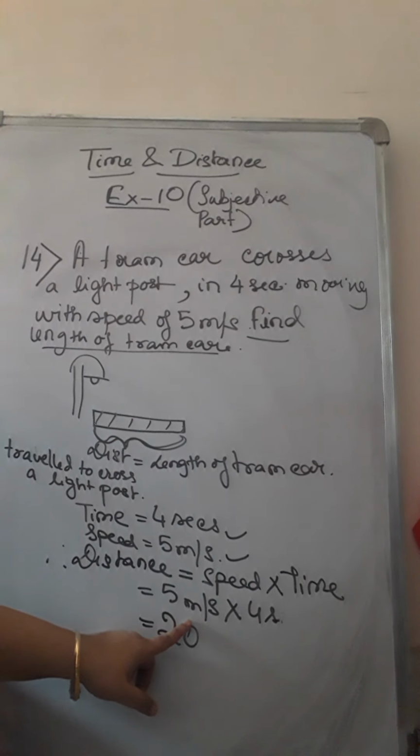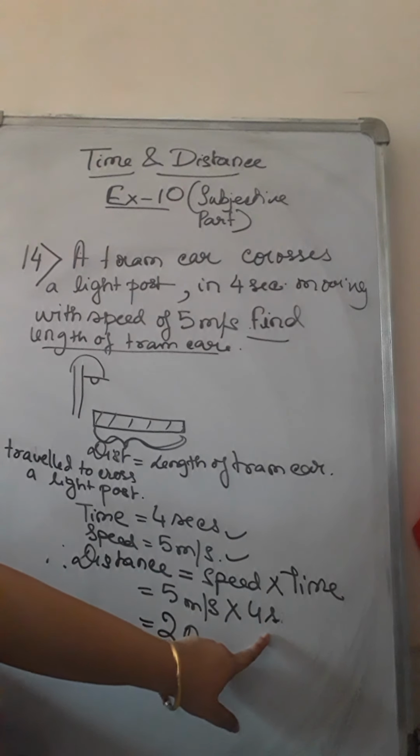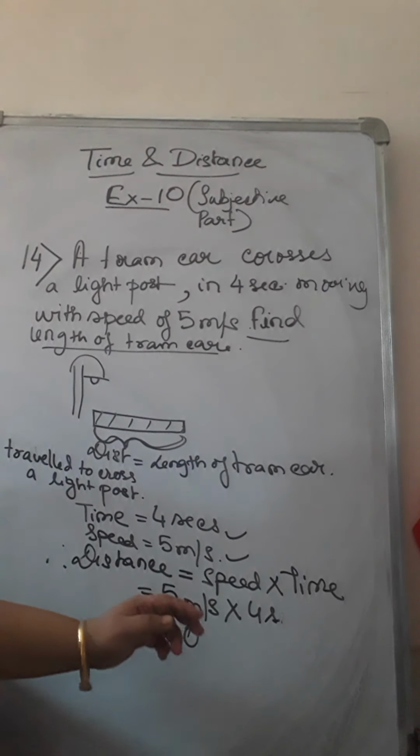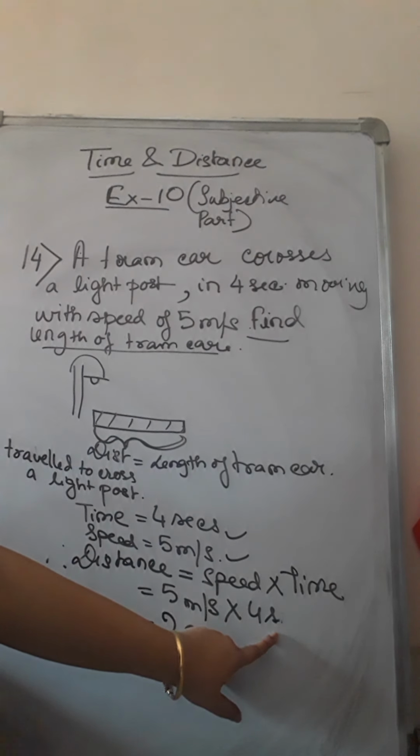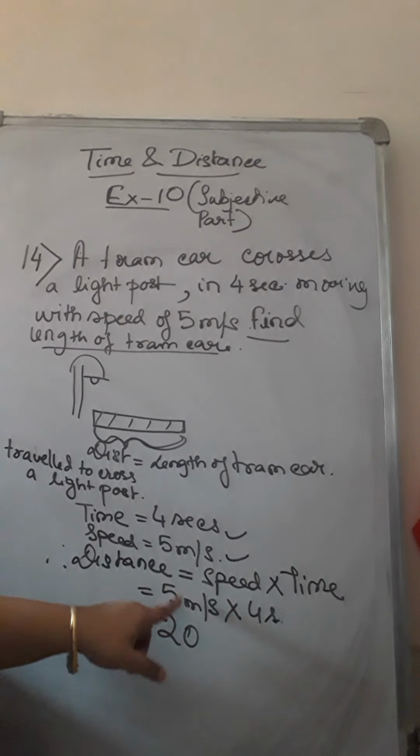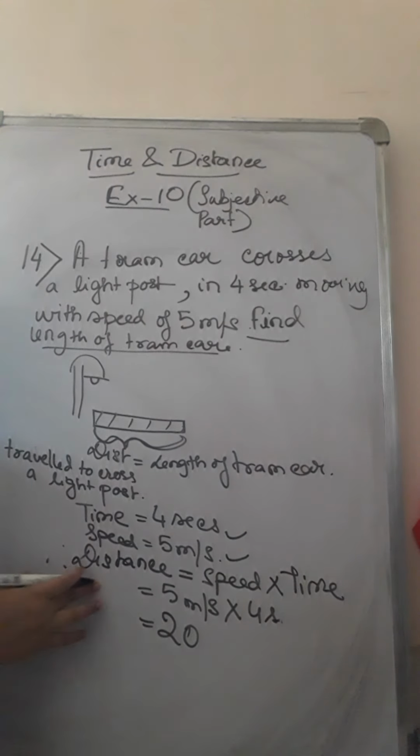If it was given in kilometer per hour and this also in hour, no need to change. But if the speed is given in kilometer per hour but the time is given in seconds, you need to change the time or change the speed, to convert from higher to lower units. Now you already know that distance is measured in meters.